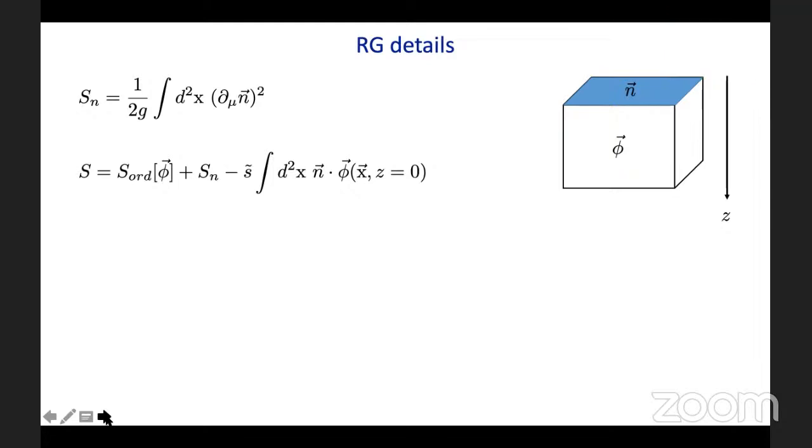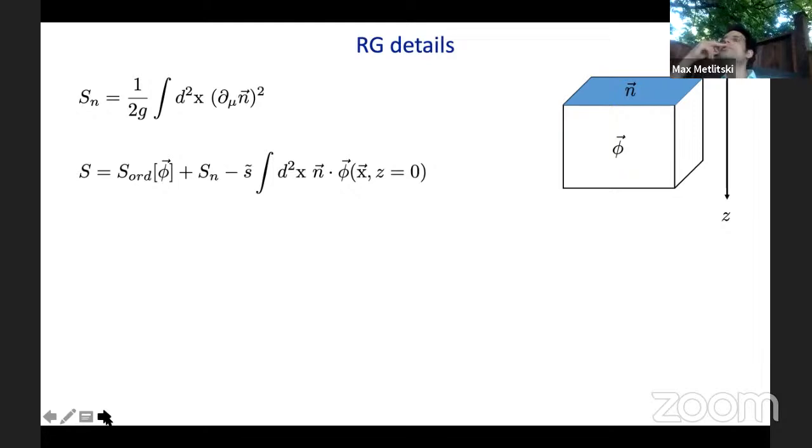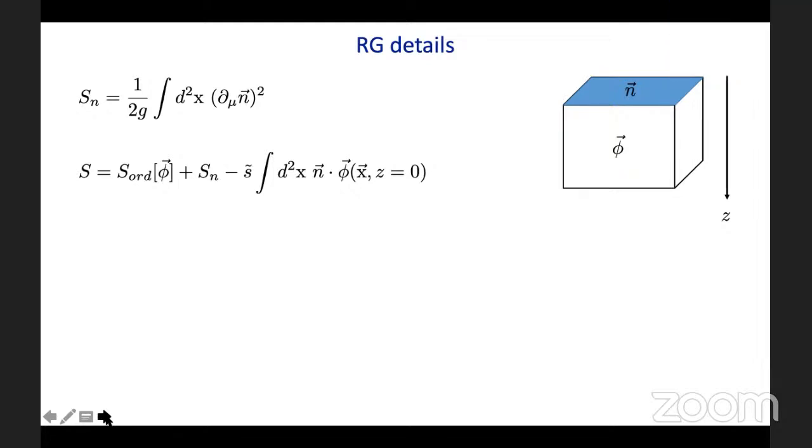Right, so if S tilde goes to infinity, it wants n hat dot phi to be 1, which means that phi equals n. So you have one field phi and some simple interactions.